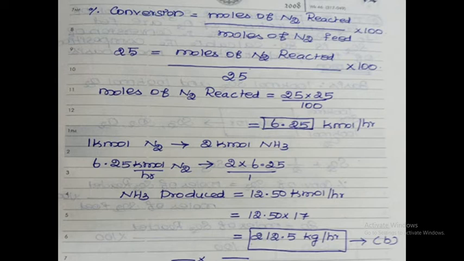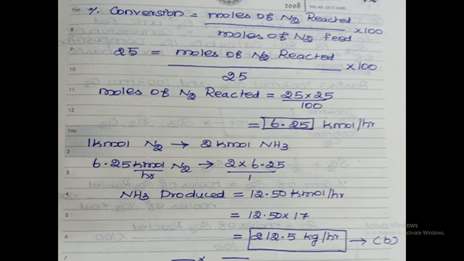Okay. So now we have the moles of nitrogen reacted. As per the reaction, 1 kilomole of nitrogen produces 2 kilomole of ammonia. As per the problem, 6.25 kilomole per hour of nitrogen reacted means how much ammonia is produced? 2 into 6.25 divided by 1.